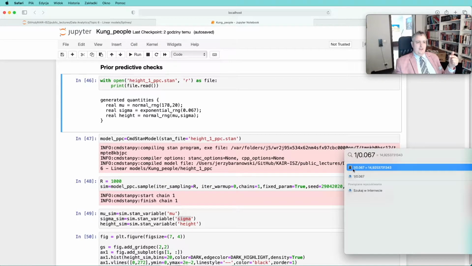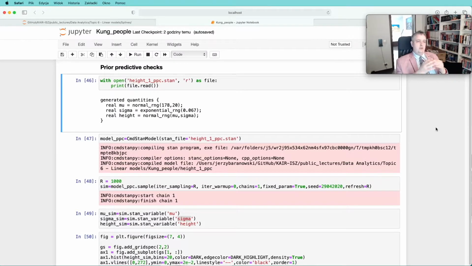So in our case, it will be almost 15. So let's say that we want our height to have at least 15 centimeters of spread, for the normal distribution for the height to have a standard deviation of around 15 centimeters. This is our focus. So that's a positive with an average of 15 centimeters.